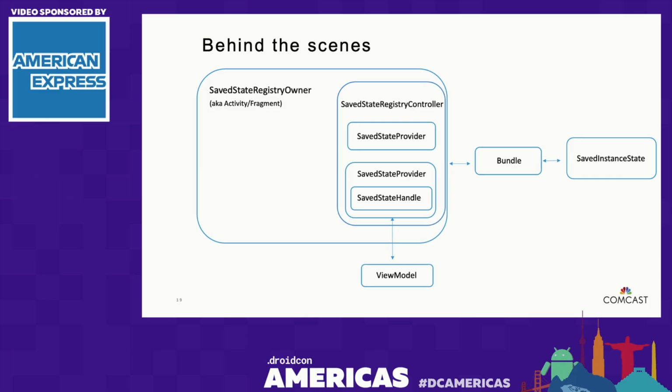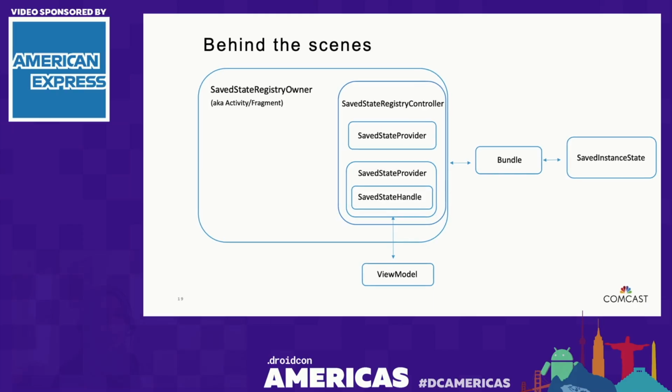The view model's job is to maintain state for the UI and use the saved state handle to persist this data. The view, likewise, doesn't care about any of these things going on behind the scenes. All the view knows is that just by initializing itself as a registry owner, the saved instance state logic will get taken care of.